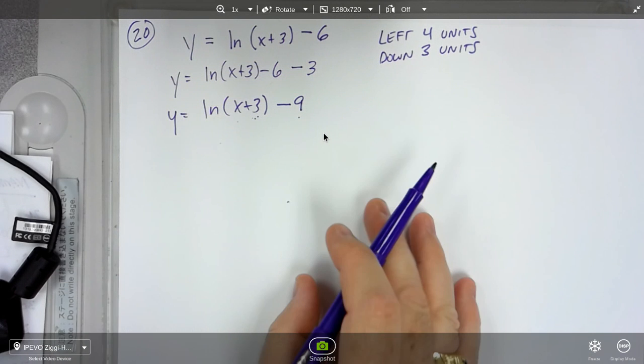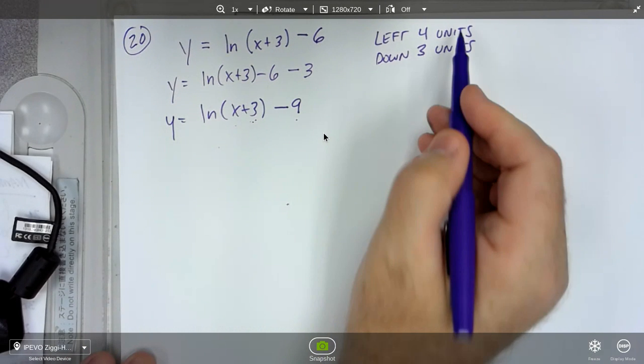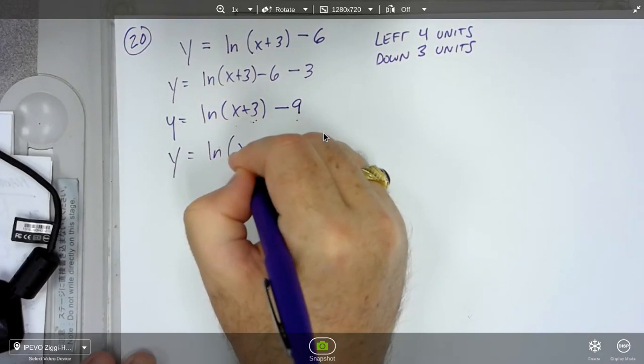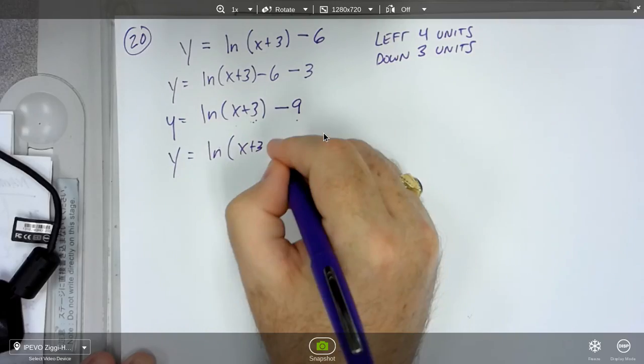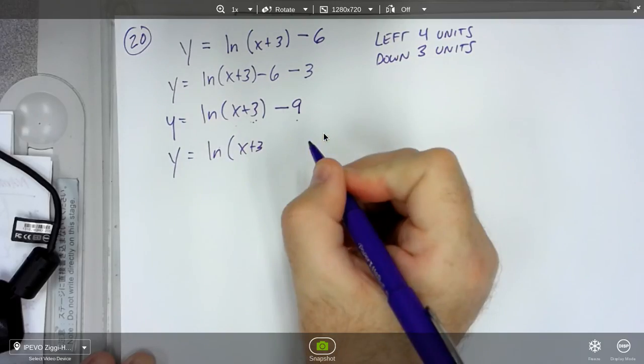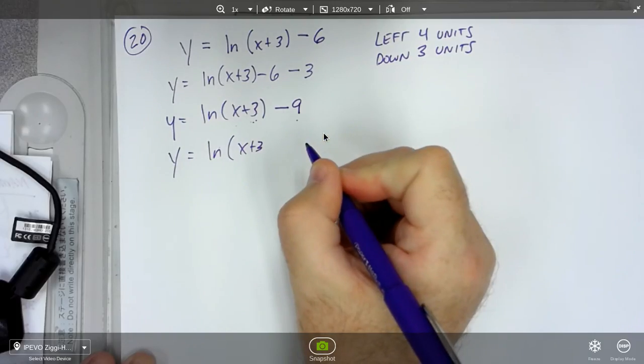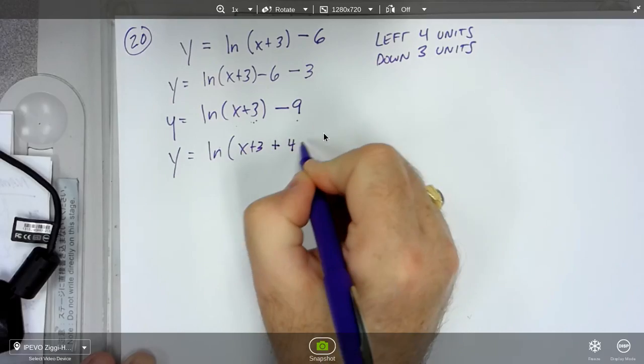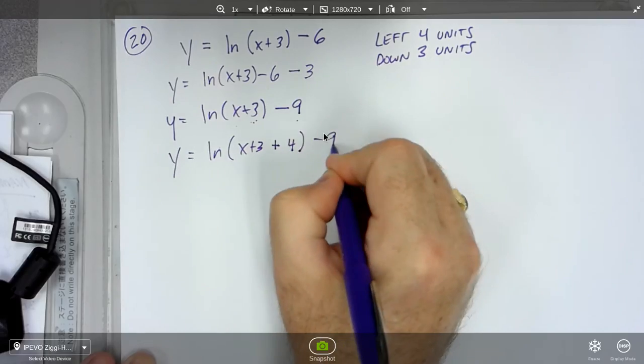Okay? So if I want to go left 4 units, then we're going to say natural log of x plus 3, and then I'm going to add or subtract 4 units. If I want to go left, I'm actually going to add 4 and then minus 9.